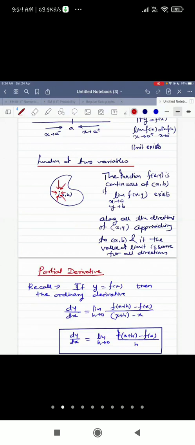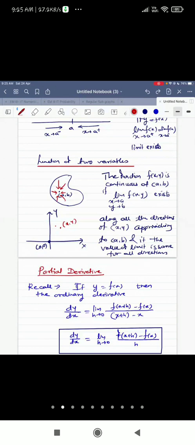For example, I can draw the diagram like this. This is the x-axis, this is the y-axis. Suppose your a, b is nothing but 0, 0, and x, y is any point in the plane. So this is one point x, y, this will be another, and so on.